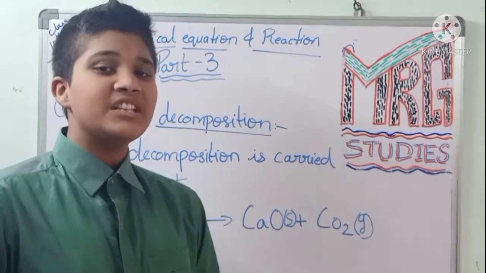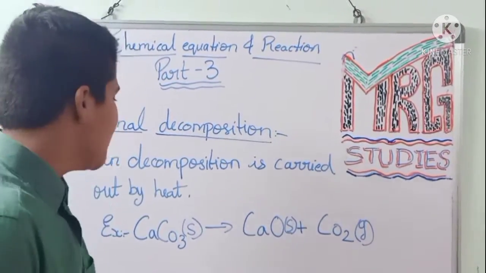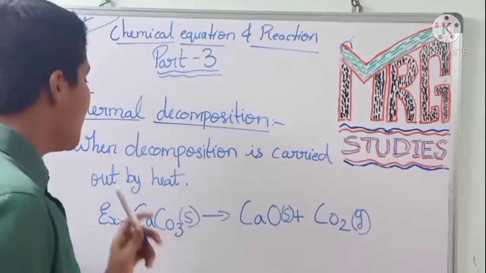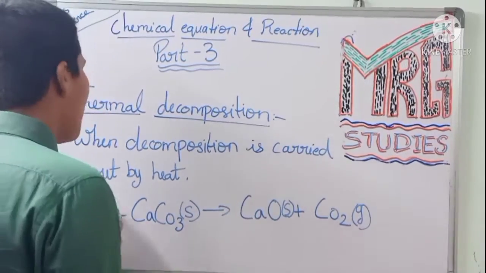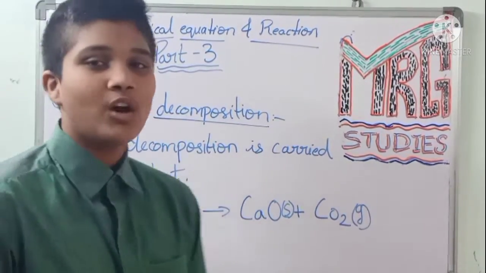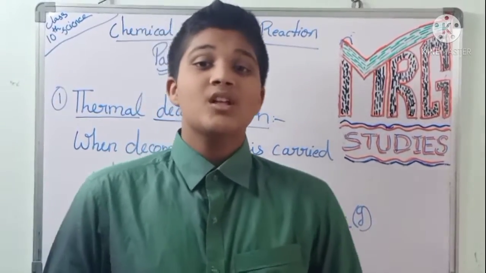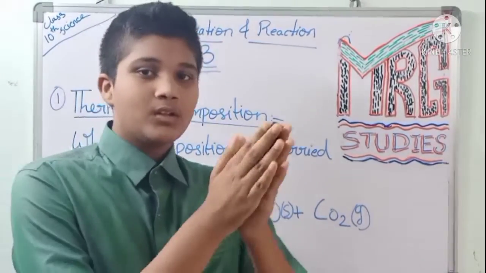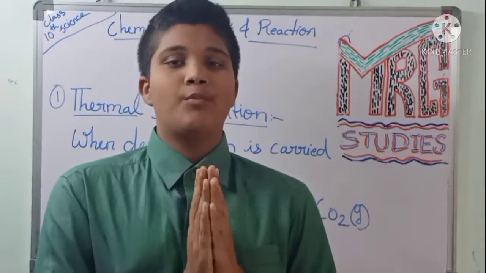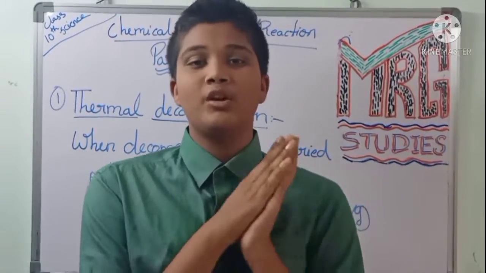Now let's see the definition. The definition is when decomposition is carried out by heat. It means that because of the heat, the substance will split into two compounds. So that is called a thermal decomposition.